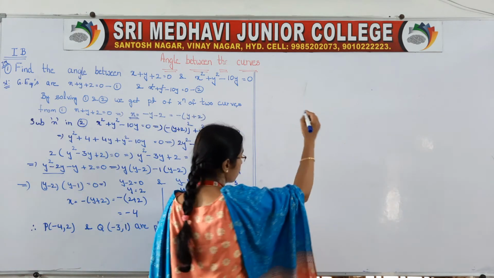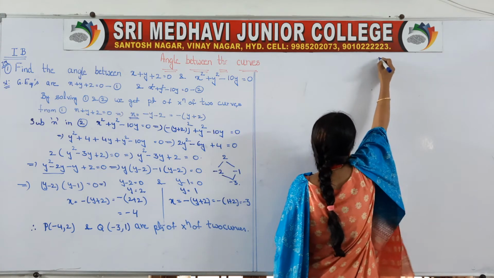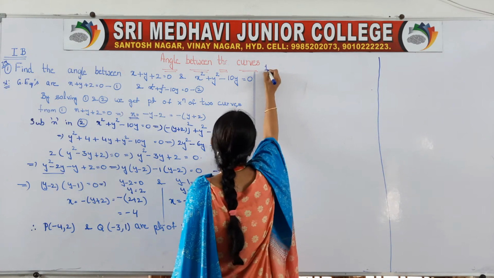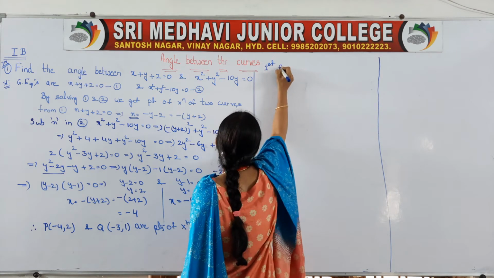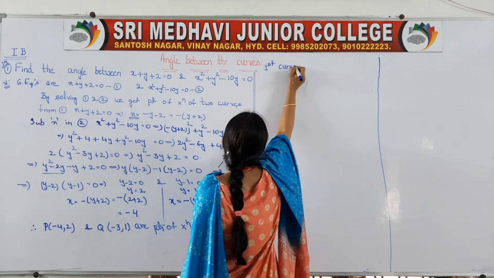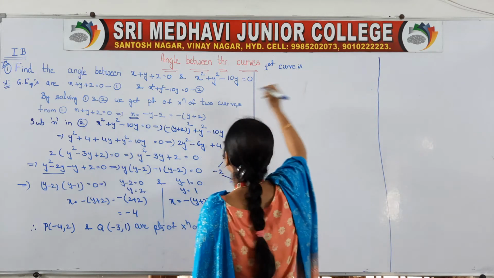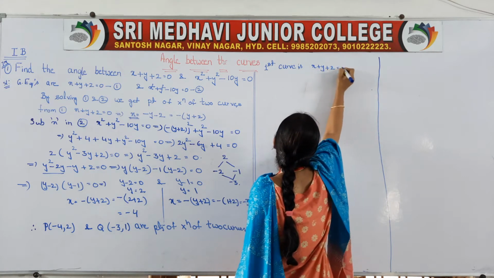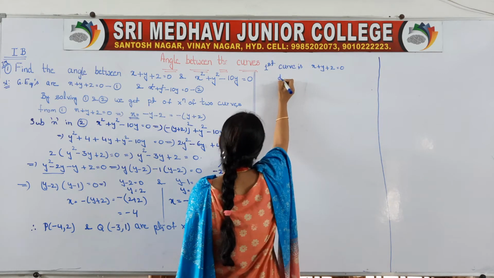So you take the first curve. What is your first curve? Your first curve is x plus y plus 2 is equal to 0.